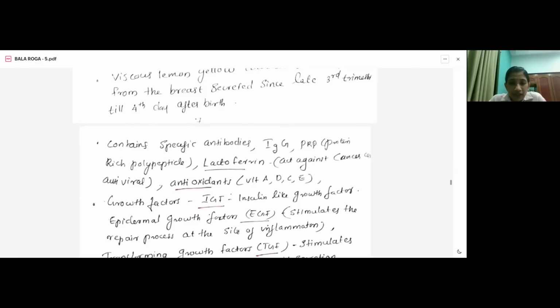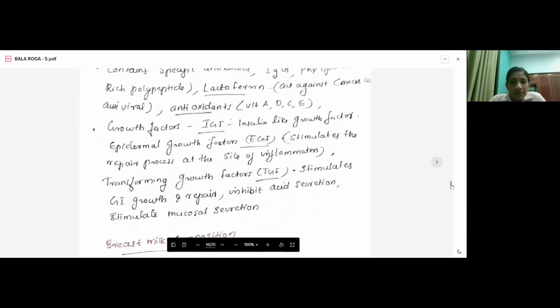Antioxidants like vitamins A, D, C, E are present. It also contains growth factors such as IGF, which means insulin-like growth factor, and epidermal growth factor, which stimulates the repair process at the site of inflammation, and the transforming growth factor, that is TGF, which stimulates gastrointestinal growth and repair, inhibits acid secretion, and stimulates mucosal secretion. So this much is present in colostrum.